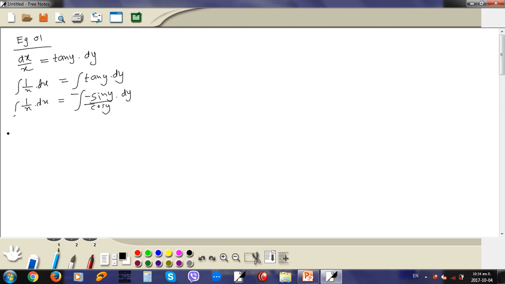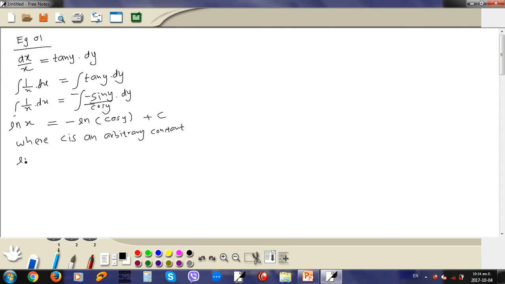Then ln x, because you know that the integration of 1 over x is ln x, equals minus ln cos y plus c, where c is an arbitrary constant.